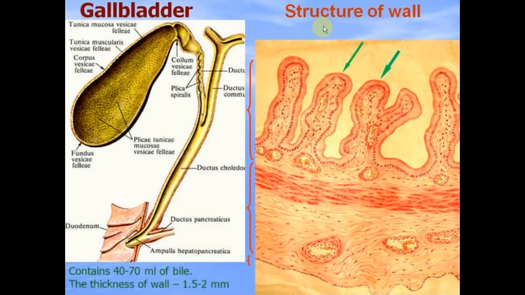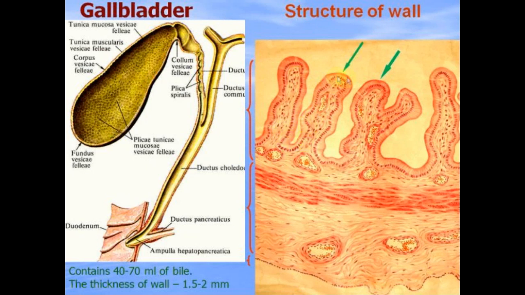The gallbladder is a hollow organ. Its thin wall consists of three membranes: mucous membrane, muscle, and serous membrane. The mucous membrane forms numerous folds visible without a microscope. Every fold contains a connective tissue core covered by simple columnar epithelium.